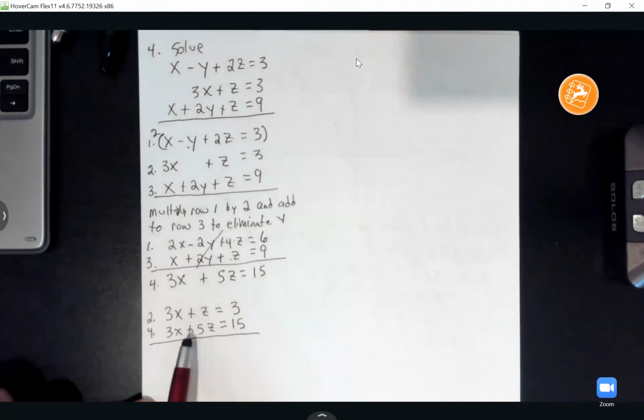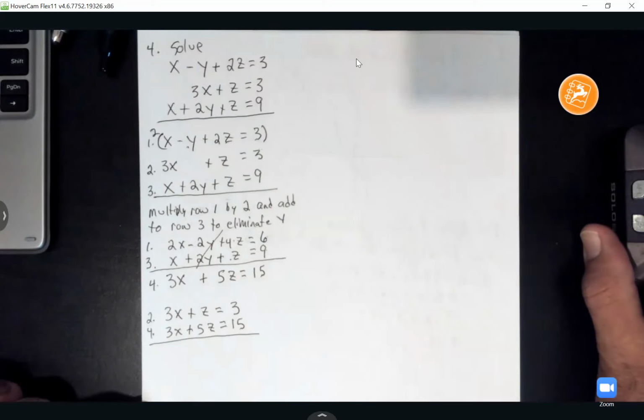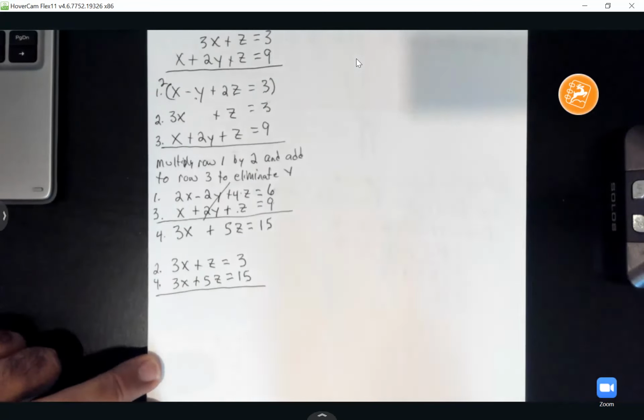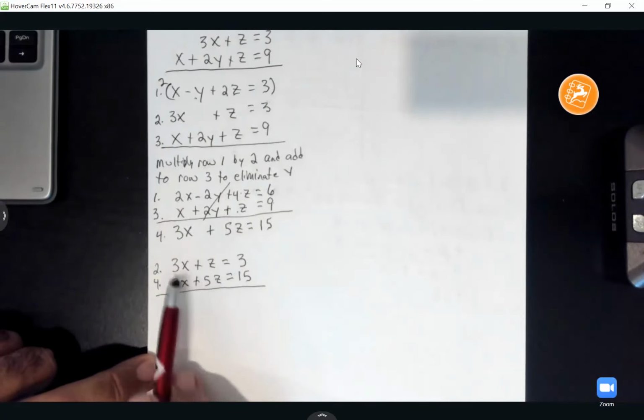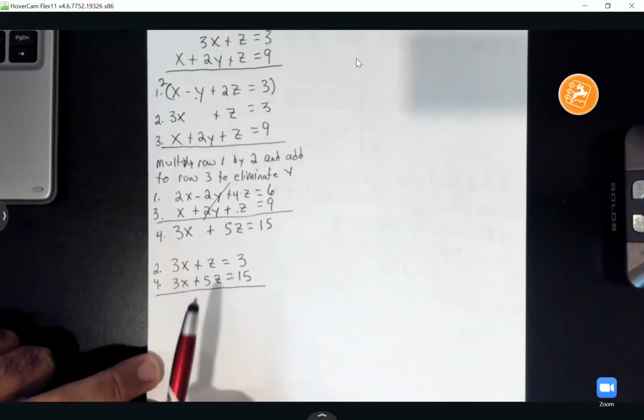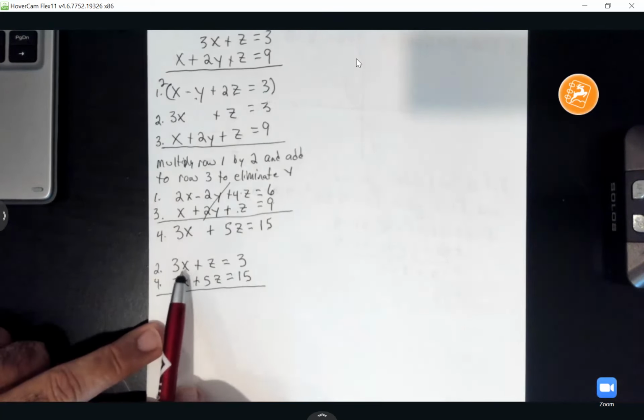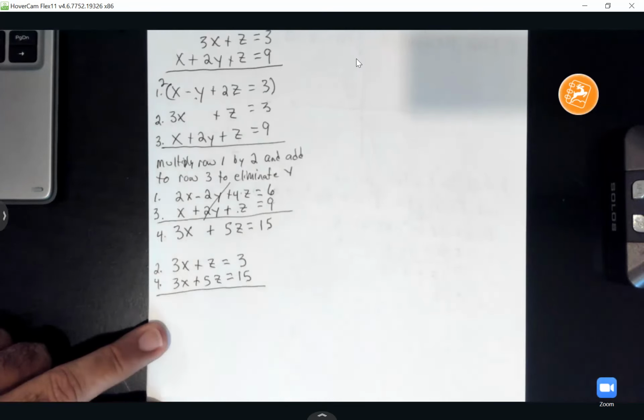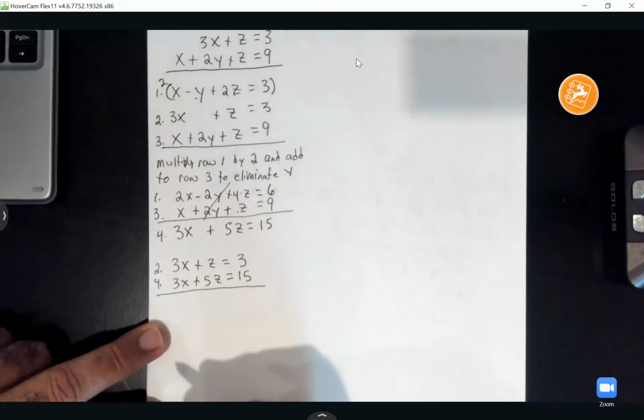And you've got your two-equation system right here. So we've got to figure out which one of these variables we want to eliminate next. And y'all, if you notice, I've got a 3x here and a 3x here. They're both positive. But if I can make one of them negative, I will eliminate my x's next.